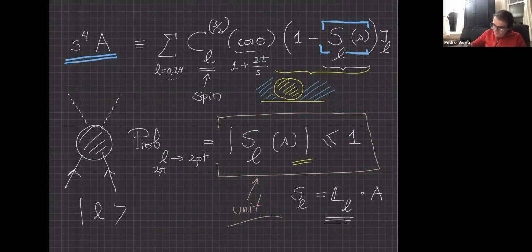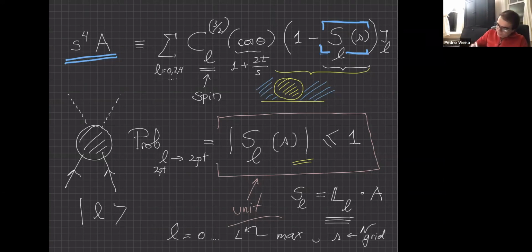In practice, you impose it for L equal to 0 up to some L max, some maximum value. And you also have a bunch of grid points in s; that's another parameter, how many grid points you have.